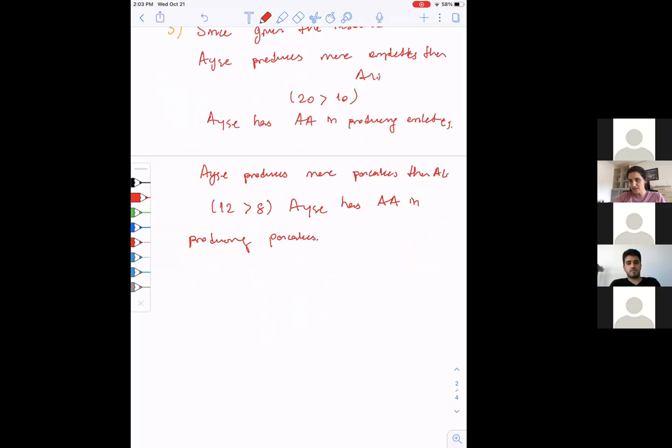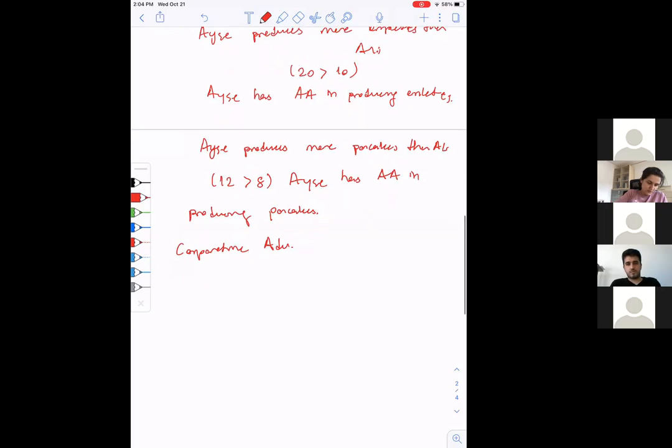So let's look at the opportunity cost of producing omelette for Ali. In an hour, either he can produce 10 omelettes or 8 pancakes. So now comparative advantage.